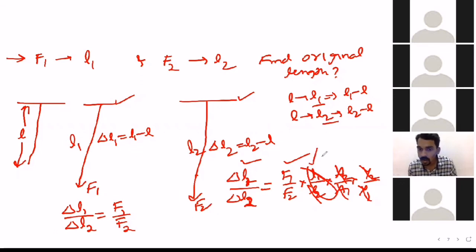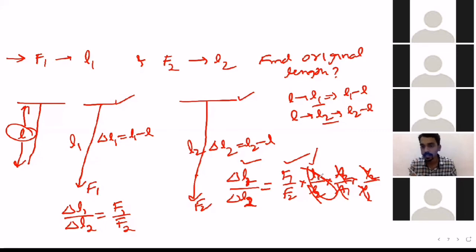Here, L1, L2 are the initial lengths in both situations. So what is the initial length for both situations? L only. Same wire we used. That's why I cancelled them. Don't get confused with this one.